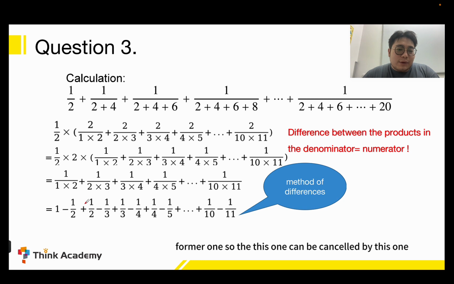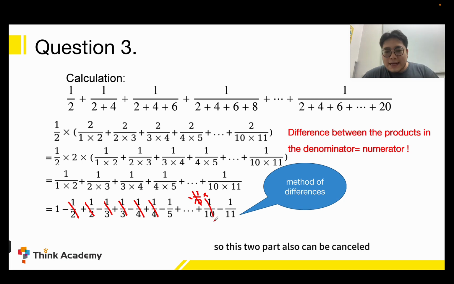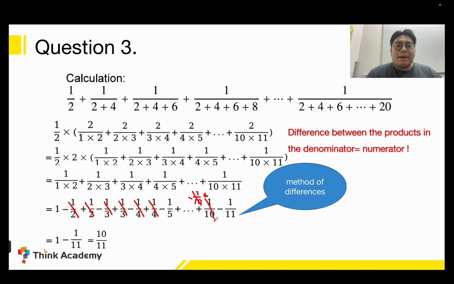So this one can be cancelled by this one, and this one by this one, and this one by this one. After that, you see 1 over 10 must have a minus 1 over 10 before it, so these two parts can also be cancelled. So the remaining part of this sequence is just 1 minus 1 over 11. So the answer is 10 over 11.